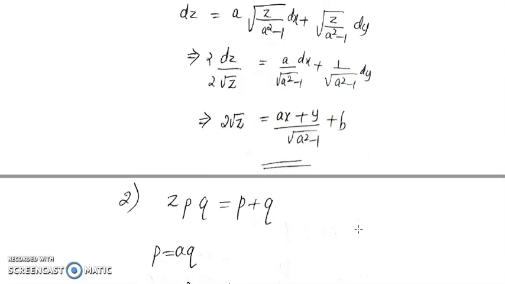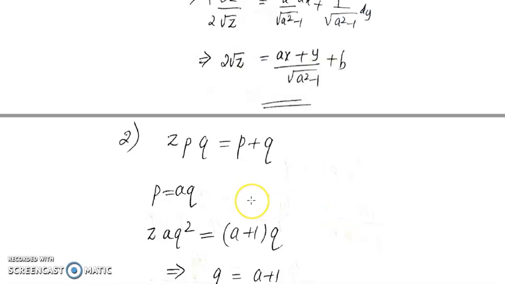So next question. So you have zpq equal to p plus q. So again substitute p equal to aq. On substitution you will get z aq square equal to aq plus q. So that is (a plus 1) into q.